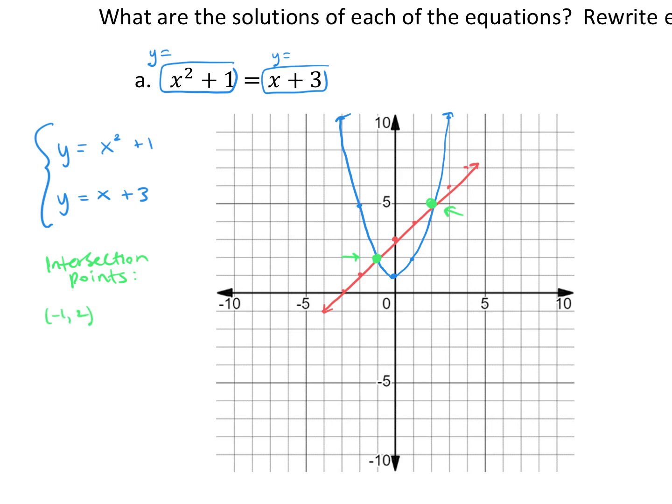And then the one on the right is (+2, +5). And so the solution to the original equation, which has only x values, we're just going to take the x values from those intersection points. And we're going to say that x equals -1 and +2.